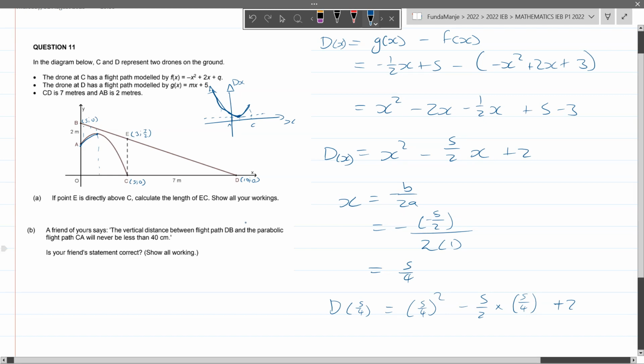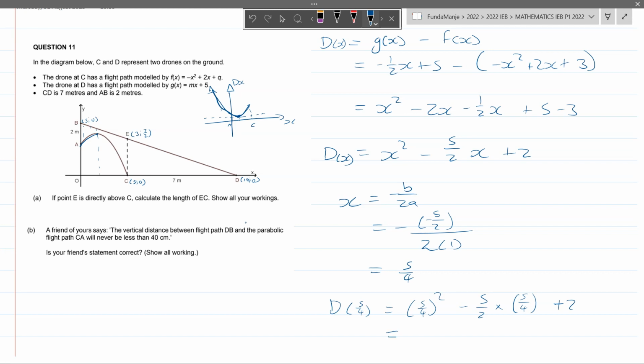And the minimum vertical distance in this case, if you put this on your calculator, you get 0.4375, and this is in meters. So this is 0.4375 meters.